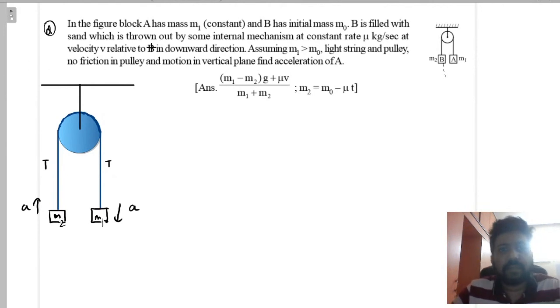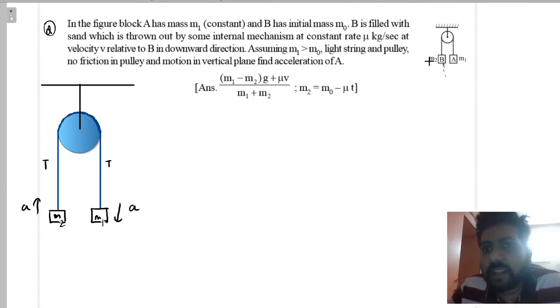Okay, in this question it is given that we have two blocks A and B of mass m1 and m2 respectively. The mass m1 is a constant but mass m2 is a variable. Here sand is getting ejected by some internal mechanism with a relative velocity v downwards.